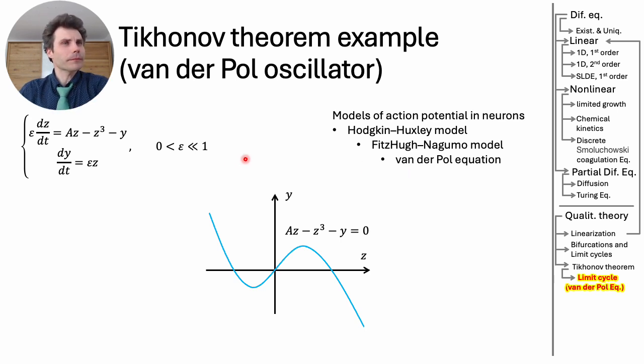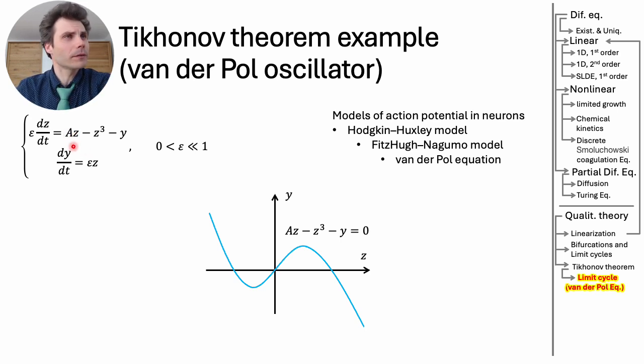So there are 2 variables, z and y, and why I'm calling them z and y and not x and y will become clearer in the section when I talk about dynamical chaos. So for now, let's just take them as they are.